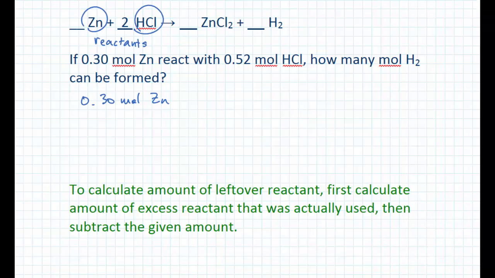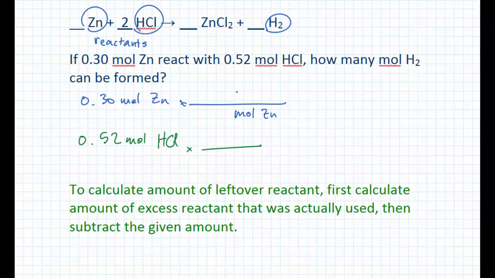One starting with moles of zinc, one starting with moles of HCl. And this is asking about moles of H2. So moles of zinc, moles of H2.